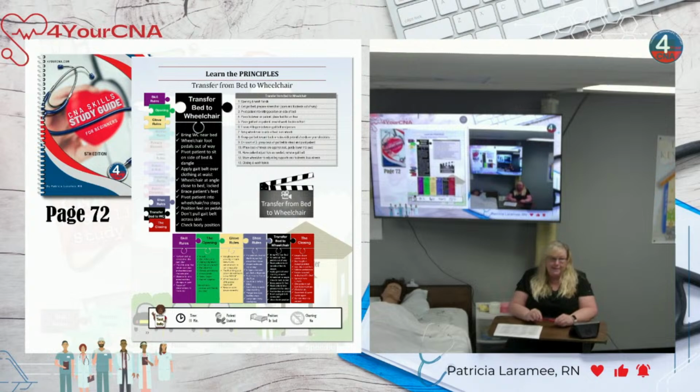Mother baby units, these are women that are giving birth. They can brush their own teeth. Babies have no teeth. You're not brushing those. So different skill set. But because it is a specialized area, a lot of times they won't hire brand new CNAs because you don't even have the basics down yet, much less specialized skills.